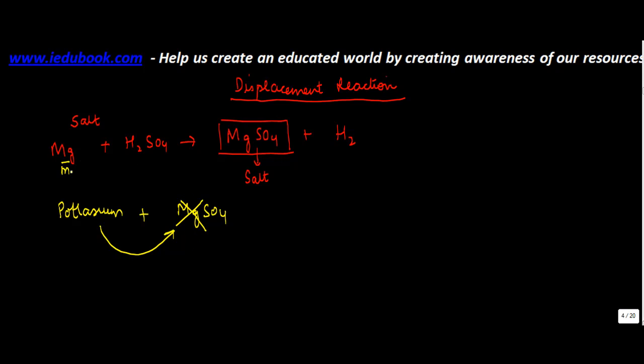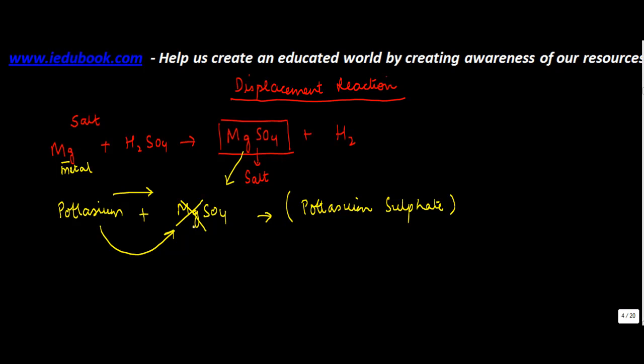So magnesium was the metal which reacted with sulfuric acid to form magnesium sulfate. Now if suppose you add another metal to this salt which is formed, potassium will displace magnesium, and this will give you potassium sulfate.